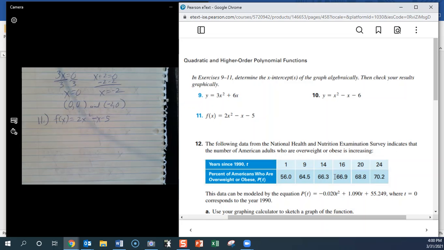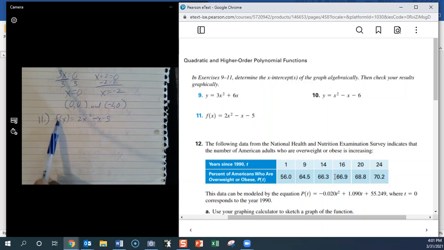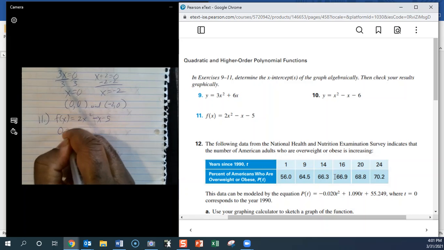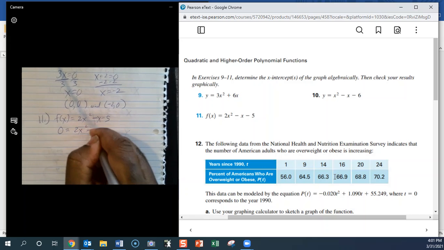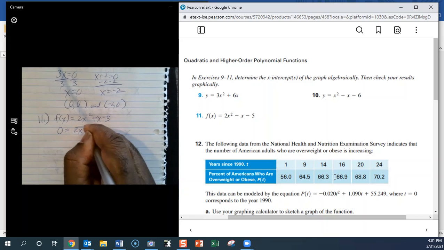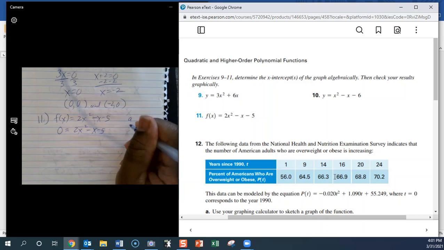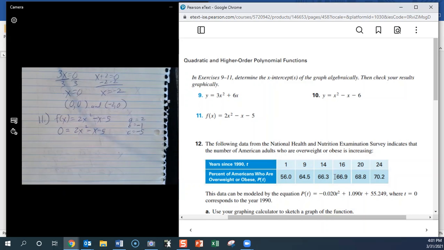Now, if you notice here, they do not have a greatest common factor, but just like in problem number 9, since we've been asked to find the x-intercept, that means y is 0, or you could say f of x is 0. So it'd be 0 is equal to 2x squared minus x minus 5. Now we will have our a, b, and c. Our a is 2, our b is -1, and our c is -5.